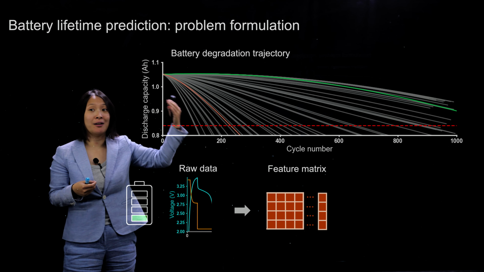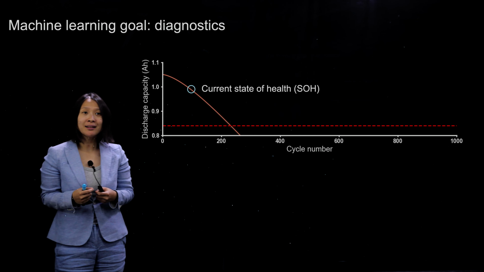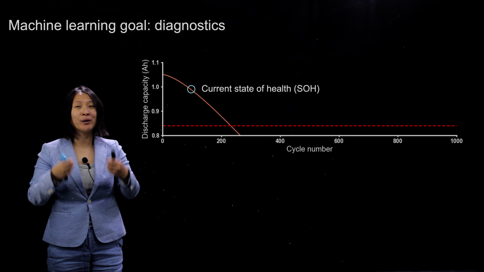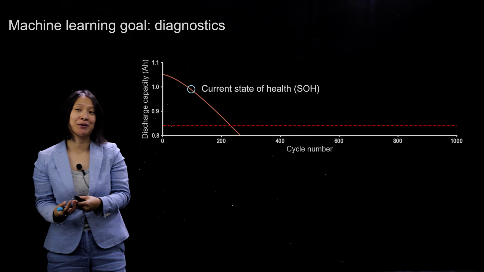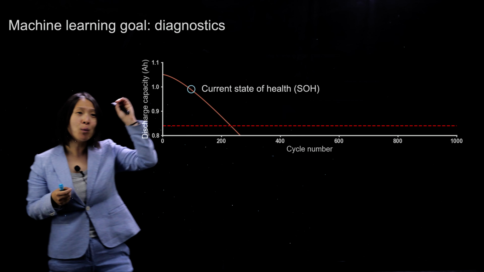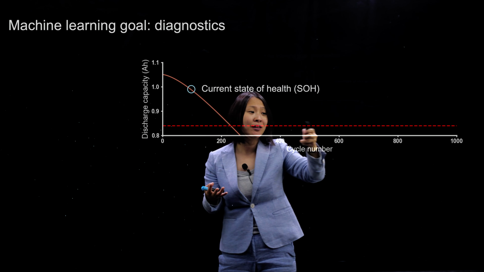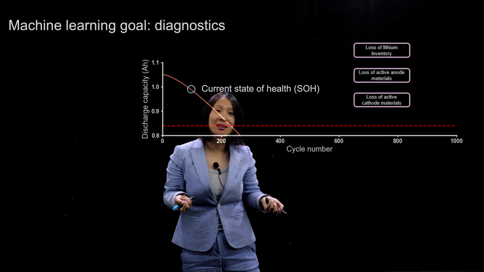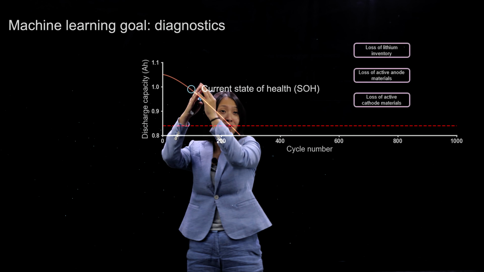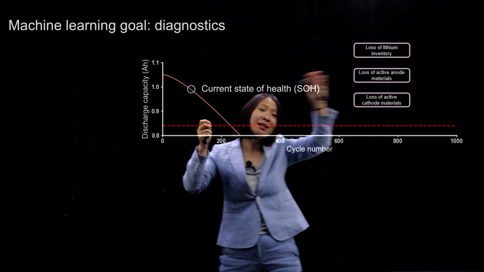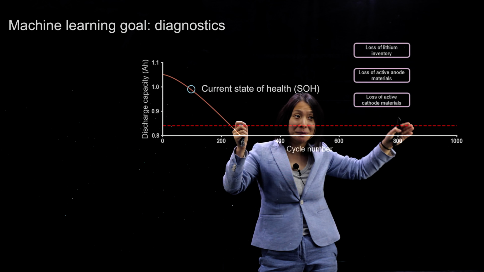So if we think about the machine learning goals we have, often we have battery lifetime prediction with the goal of doing diagnostics for our batteries. In other words, we want to know the current state of health of our batteries, and we may also be interested in knowing if we can match what we observe up to now, the battery behavior, with the underlying degradation mode.